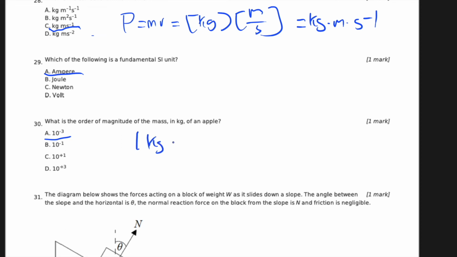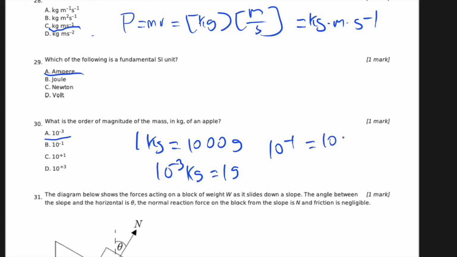Because 1 kilogram is equal to 1,000 gram, and 10 to the negative third power kilogram will be equal to 1 gram. Oops, sorry. 10 to the negative 1 power kilogram, so 1 over 10 is going to be 100 gram. Here the answer is actually B, right? So B is the correct answer. So an apple has a mass of 100 gram.